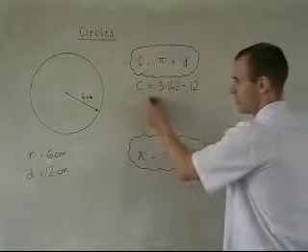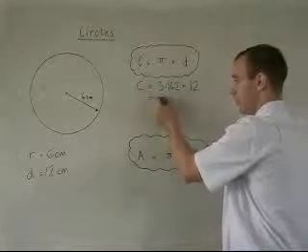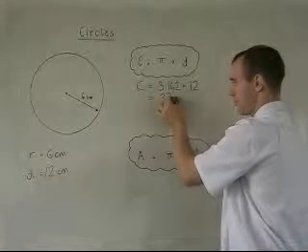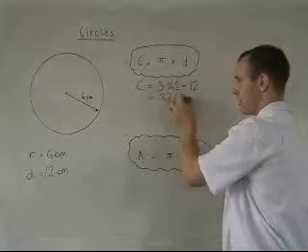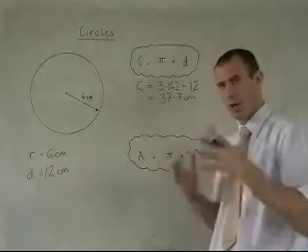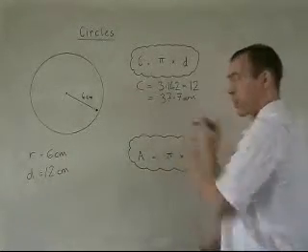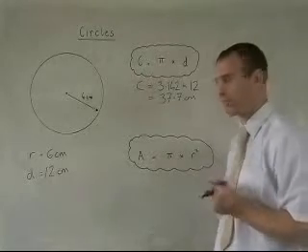Type that into a calculator and we get the answer 37.7 centimetres. Now, when you do that in a calculator, you'll get more decimals, but we don't need all the decimals. In this case, we've just rounded to one decimal place.